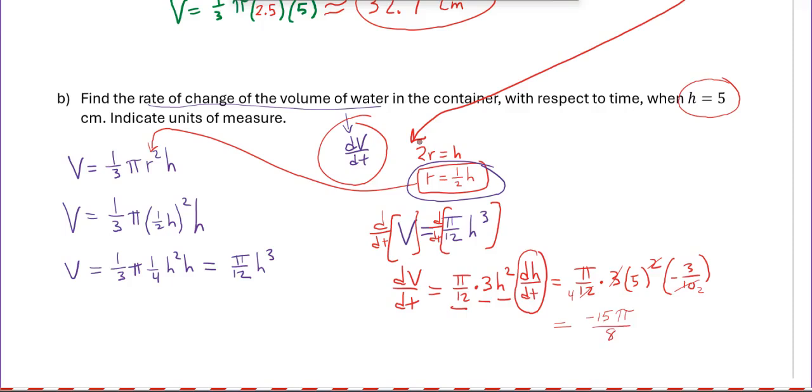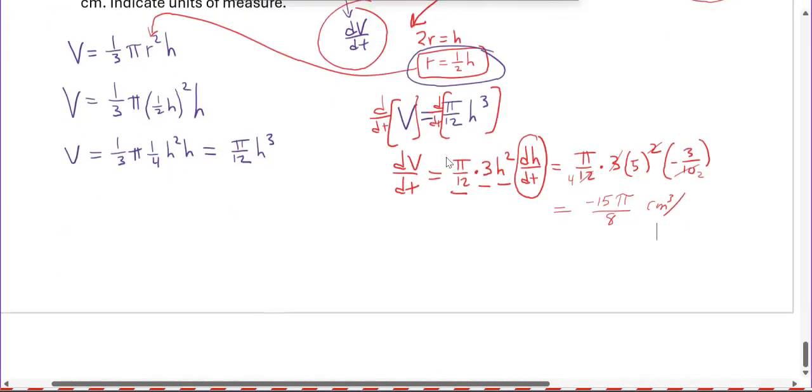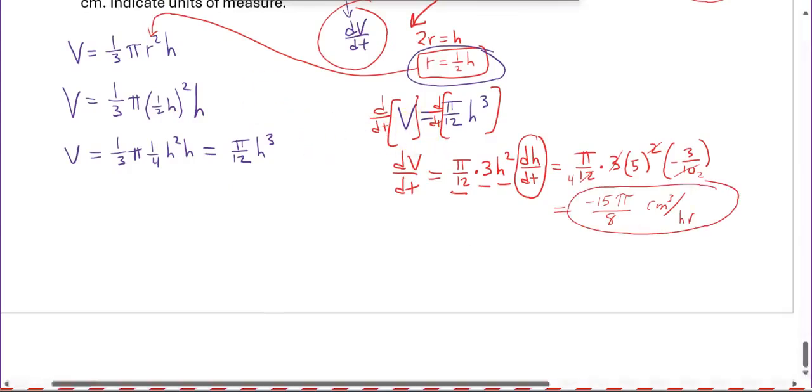That makes sense as far as the sign, because if the height is going down because it's evaporating, then the volume would also be going down, and this would be in cubic centimeters per hour. All right, so that's the change in volume at that particular rate and time. Okay, see you for more in class.